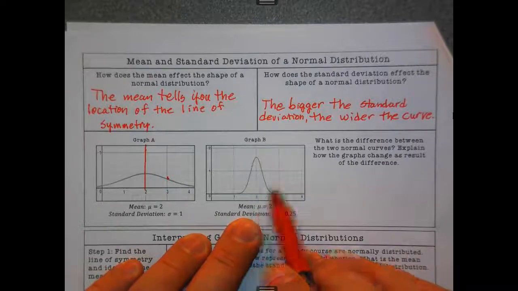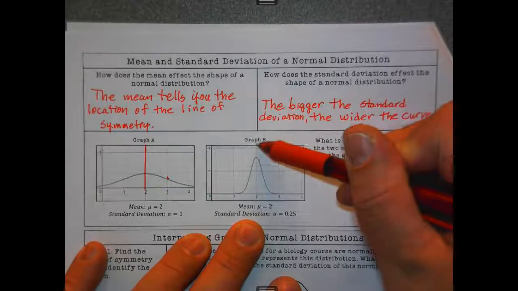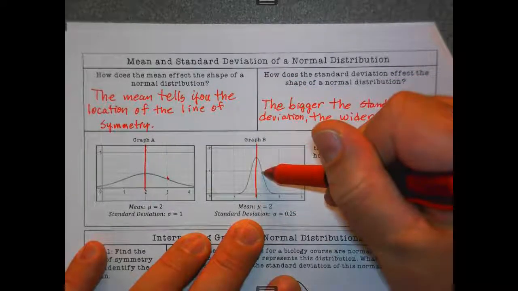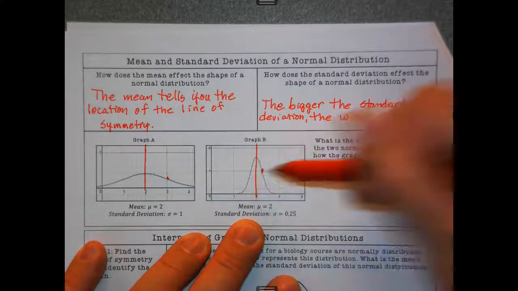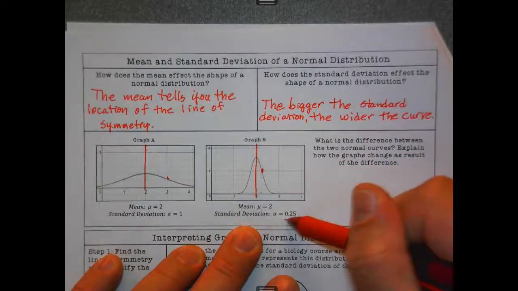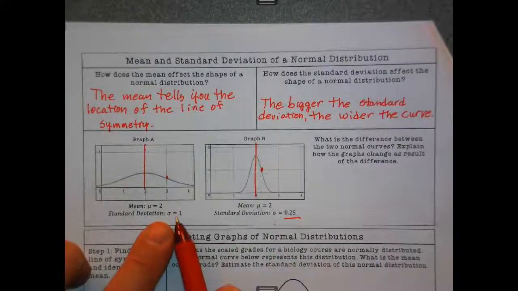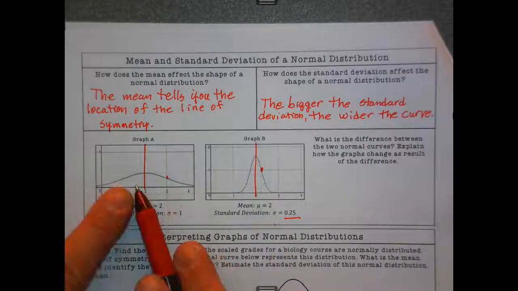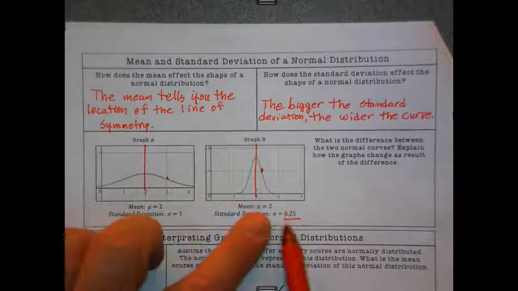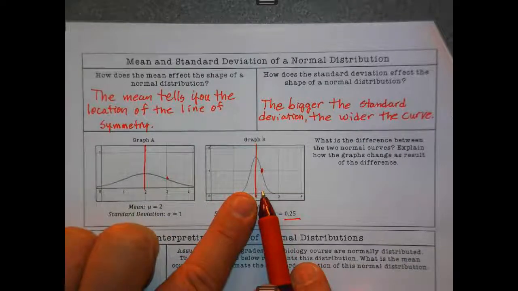Here, my mean is 2, same as the mean here, right? But my inflection point is right here. So my standard deviation is 0.25. So the bigger the standard deviation, the wider the curve. Or, as Artem said it, the smaller the deviation, the narrower the curve.